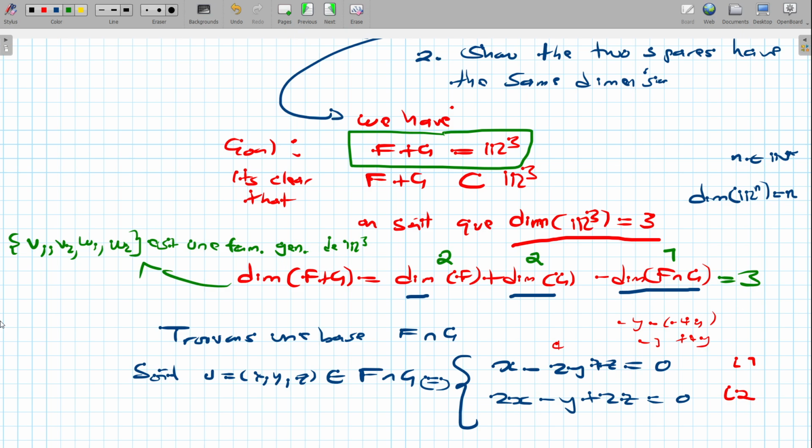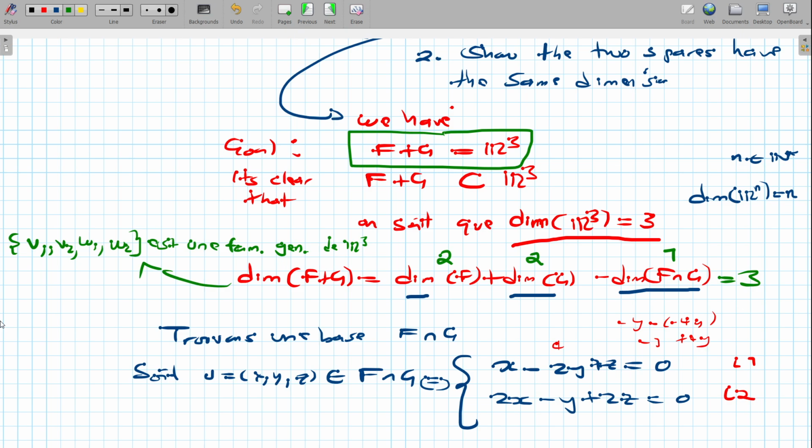So let's look at R3. Here E is equal to R3. R3 has a base that has how many elements? 3 elements. So any family of vectors that is going to be libre in R3 has to have at most 3 elements. But if you look at this family of vectors, V1, V2, W1, W2, how many vectors do we have? We have 4 vectors.